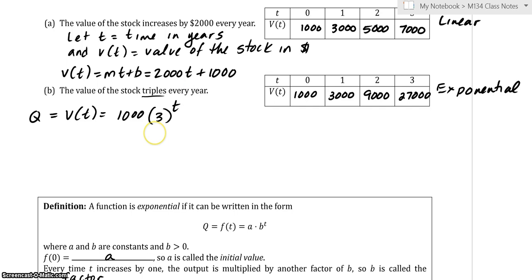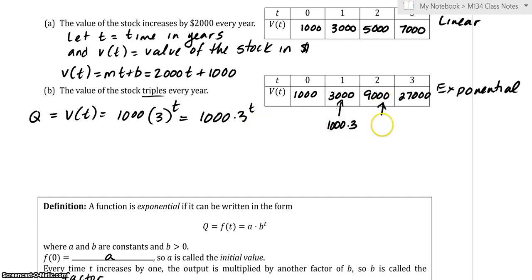You don't have to put the parentheses in there, but make sure you multiply correctly, because when t is 2, you know you have to do the exponent first. You cannot multiply before you do the exponent. That's why I like to always put in parentheses. You can see that makes sense, because if you plug in a 1 here, that would be 1,000 times 3.